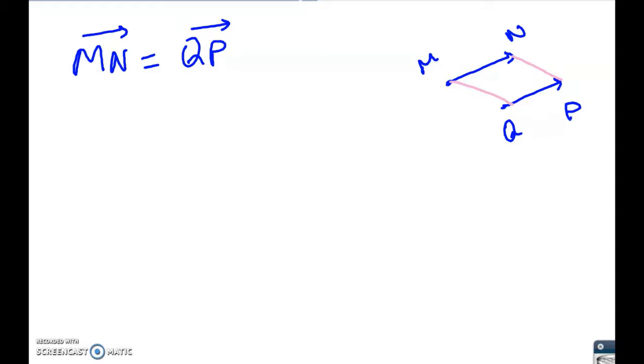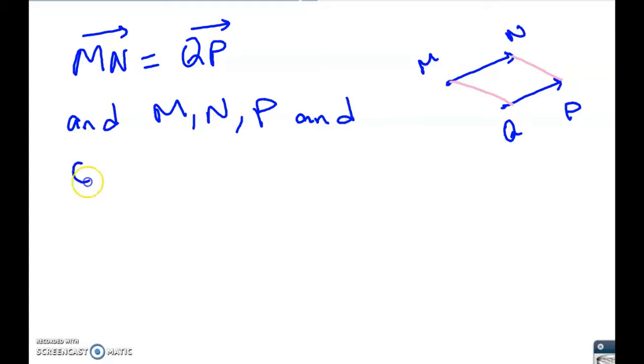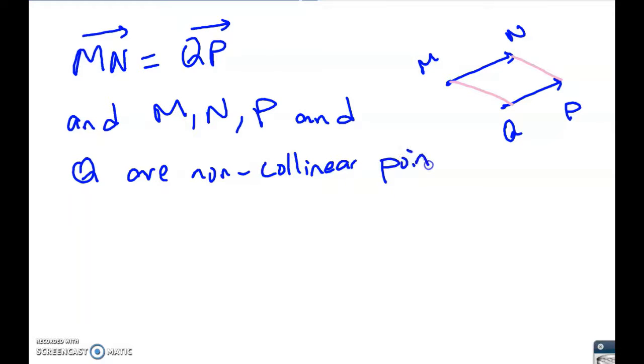Okay, so in this case we have MN equal to QP, and also we have that M, N, P, and Q are non-collinear points. So thus we can conclude that MNPQ is a parallelogram.